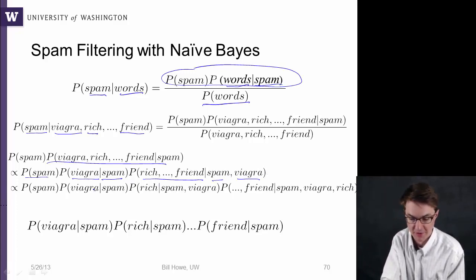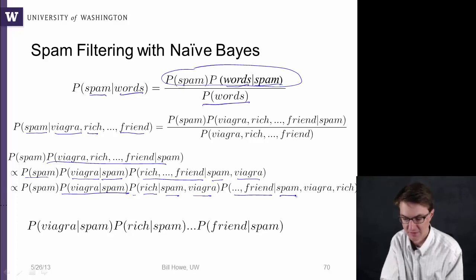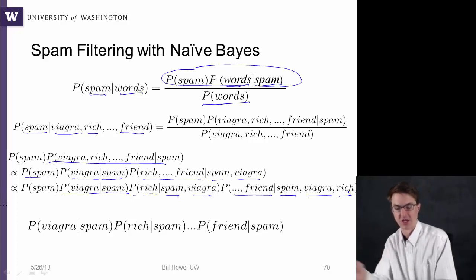And then you can keep going. This probability times the probability of seeing the word rich, given that it's spam and given that it's Viagra, multiplied by the probability of all the other words, given that it is spam, given that it contains the word Viagra, given that it contains the word rich, and so on.